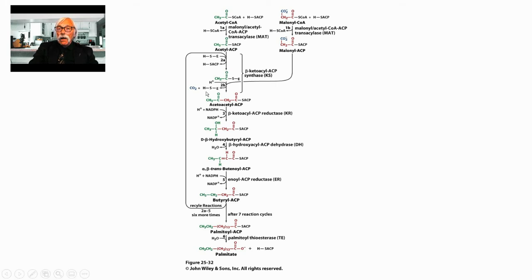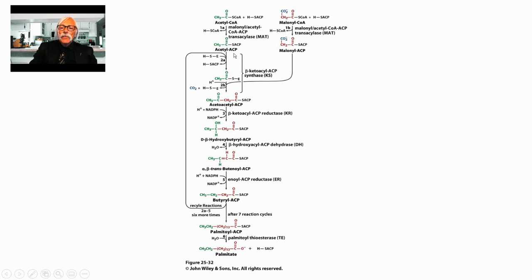So this is basically an oxidation, right? That's what's going on. And the acetate from the acetyl ACP is actually going to be transferred to a cysteine residue on the fatty acid synthase complex, right? So the enzyme itself, the beta-ketoacyl ACP synthase, is now carrying that acetate.